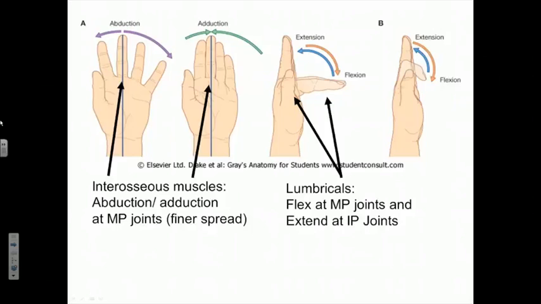So again, just for comparison, we're showing that your ability to flex and extend your fingers is occurring in the sagittal plane at either the metacarpophalangeal or the interphalangeal joints.